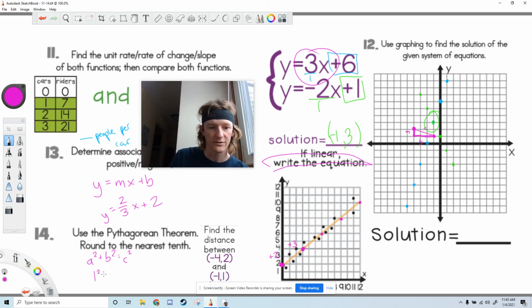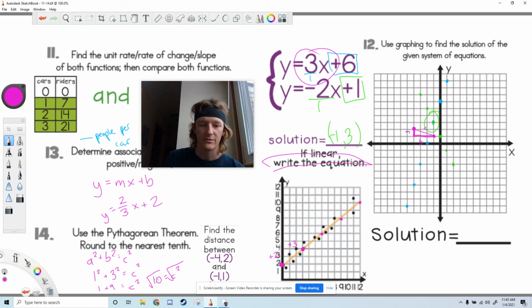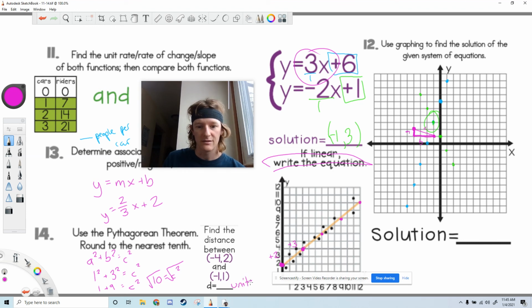A is going to be 1 squared, b is going to be 3 squared, and c, we don't know what that is. So 1 squared is 1. 1 times 1 is 1. 3 times 3 is 9. 1 plus 9 is 10, so 10 equals c squared. You're going to need to do the square root. It's the inverse of the exponent of 2. Square root of 10 on your calculator. Give me your answer. D equals blank units. It's not a perfect square root, so you're going to just round it for me.